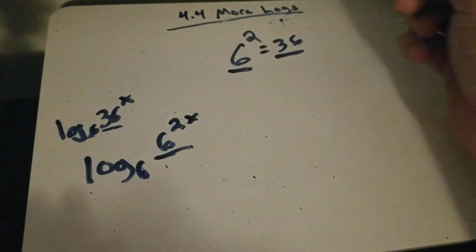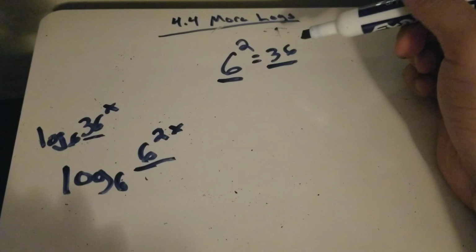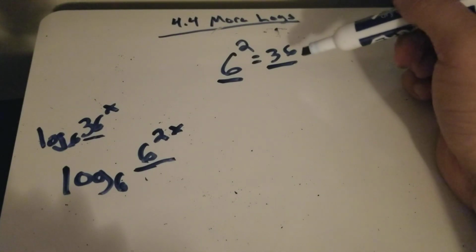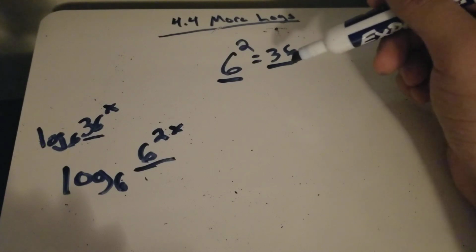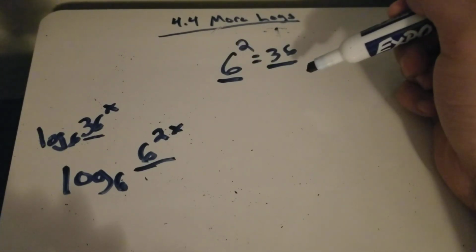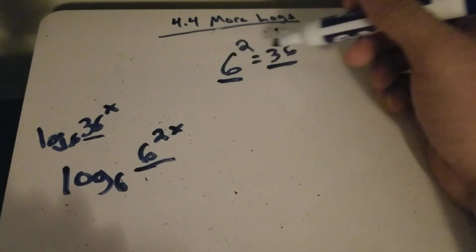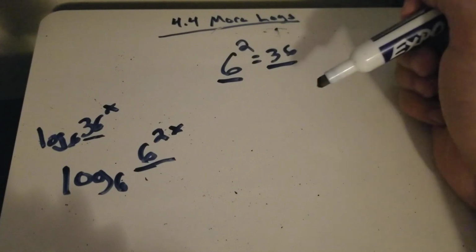So please pay attention to what just happened here. As a smart Algebra 2 student, you look at this and you say, 6 and 36, I know there's some relationship between 6 and 36. Well, I know 6 to the second power is 36. Maybe you say to yourself 6 times 6 equals 36.